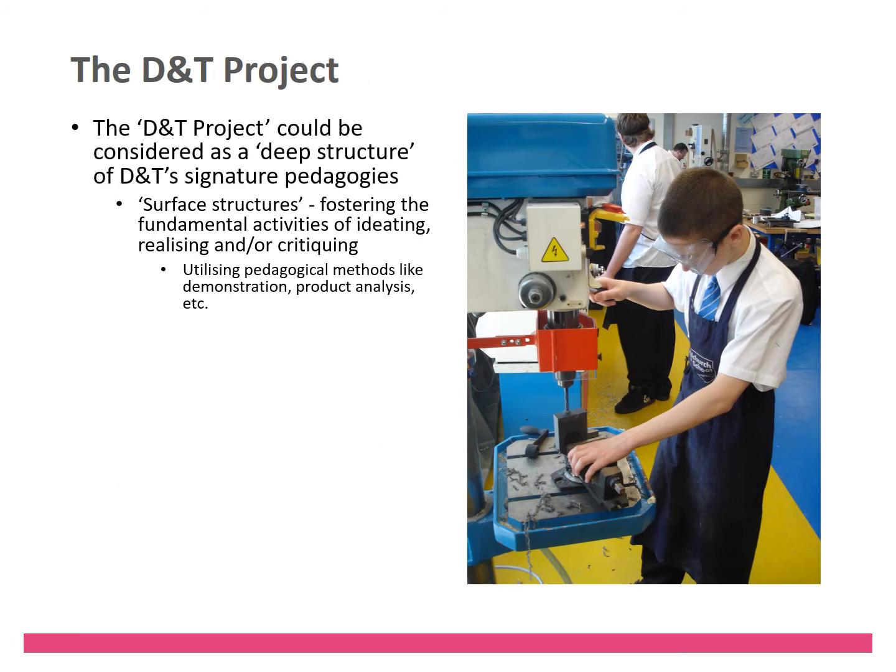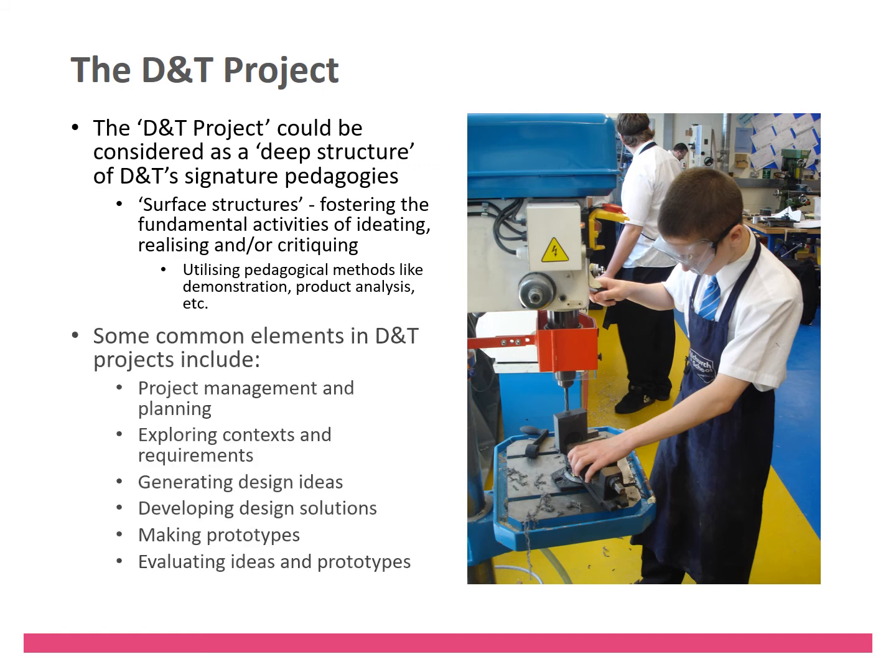So the D&T project. I've proposed already that the D&T project could be considered as the deep structure of D&T, and within D&T projects you'll use some of those surface structures to foster the fundamental activities of ideating, realising and critiquing. And that might be utilising things like demonstrations, product analysis, and some of those other approaches that I've mentioned earlier and I've written about in the chapter.